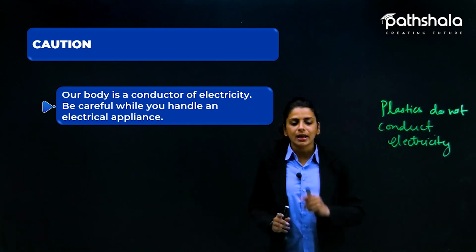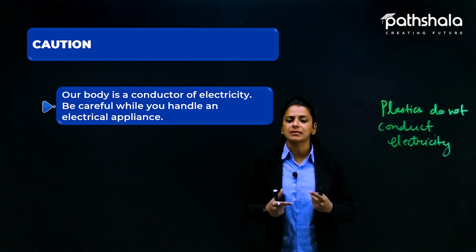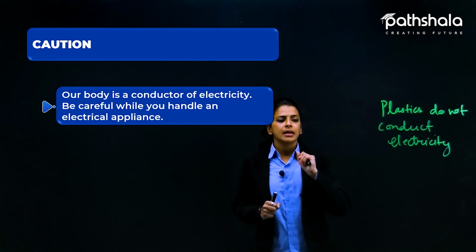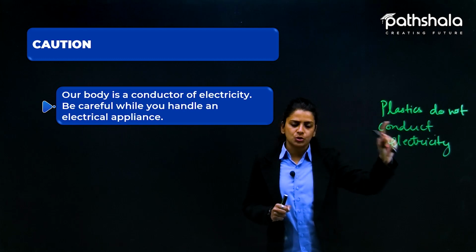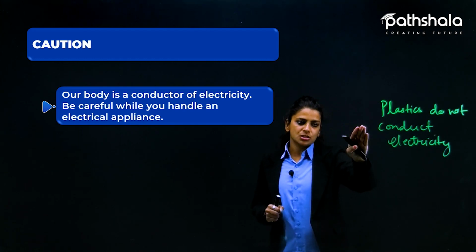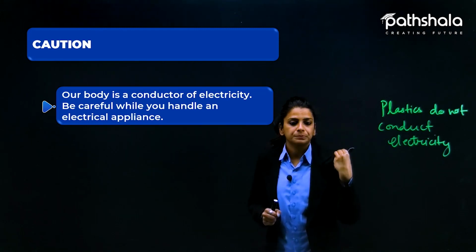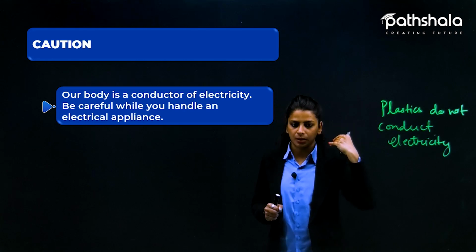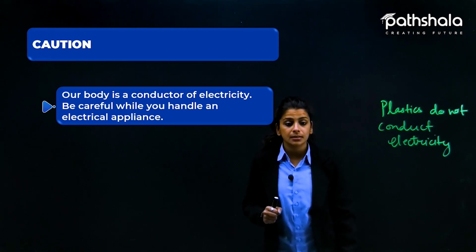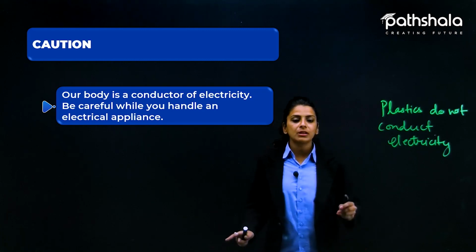So, why is it said to wear slippers while we are handling electric appliances? Because if I am trying to touch a switch, for example, this is a switch in front of me. If I'm trying to touch it and by chance I get an electric shock, तो electric shock अगर मुझे लगा, and if I'm not wearing anything on my feet, slipper, कुछ भी नहीं पहना मैंने, so what will happen?